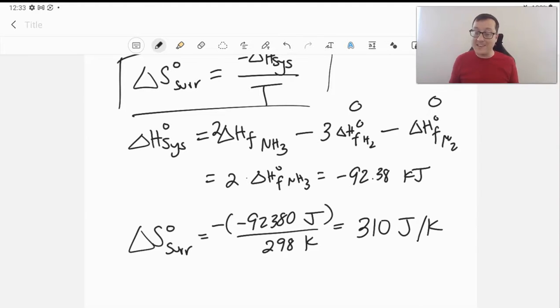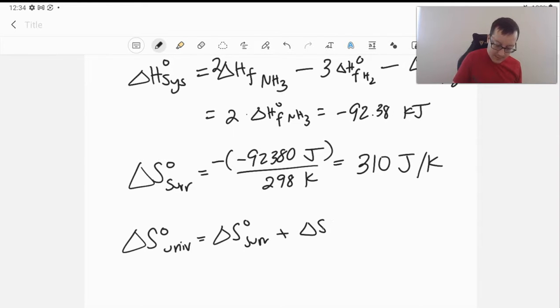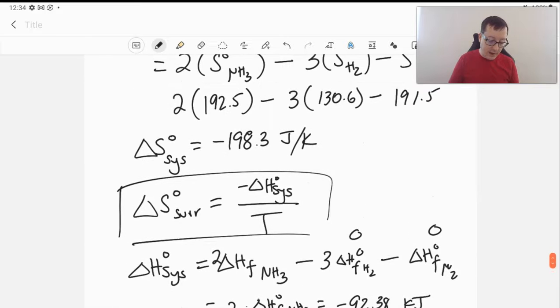And so let's evaluate now the delta S of the universe for our favorite process. It will be equal to the delta S of the surroundings plus the delta S of the system. The delta S of the surroundings we evaluated through looking at the delta H, the amount of heat transferred, and then the delta S system is related to our molar entropies.